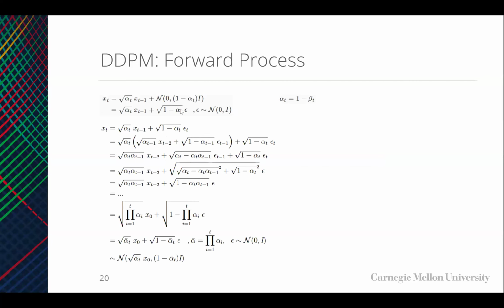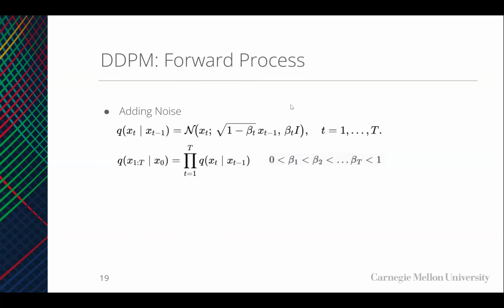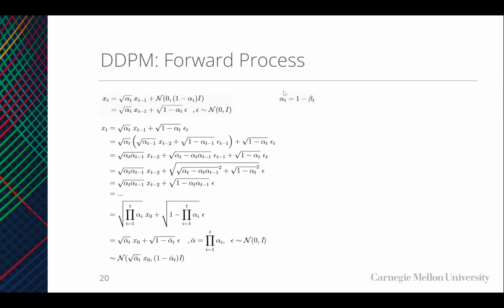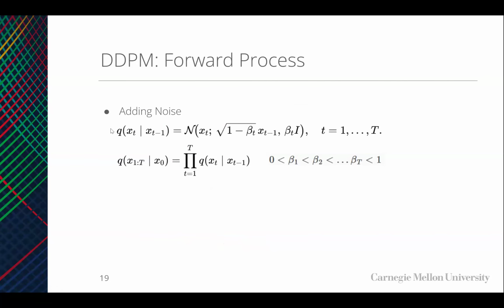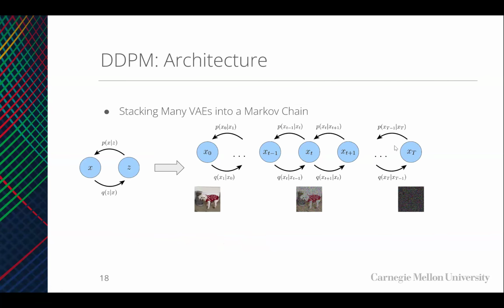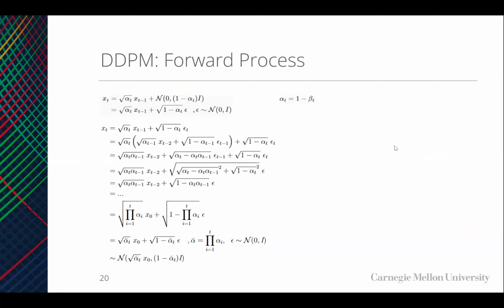You can replace this Gaussian here with a variable from the standard normal Gaussian and do some derivations to arrive at this equation, where the alphas and alpha bars are defined on a noise schedule, like the noise schedule here, and you take 1 minus the noise schedule and multiply them together to get the alpha bars. This means that for every step of adding noise, you can just calculate it in one step using these equations. This is actually important. This makes training much easier, but just keep that in mind for now.